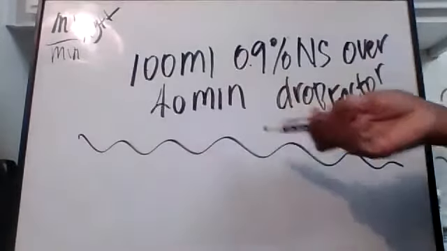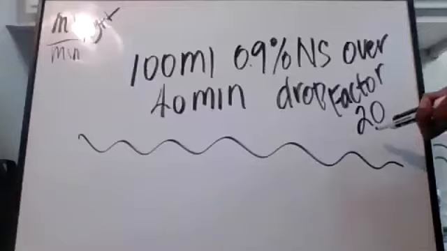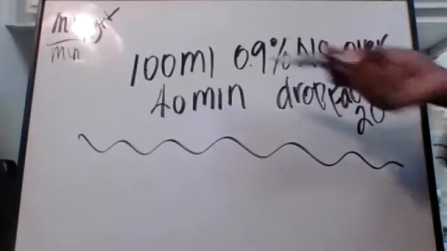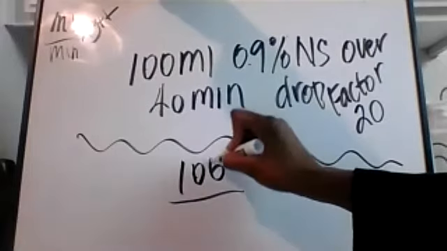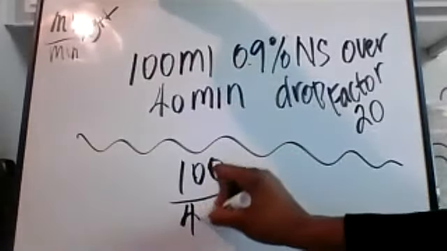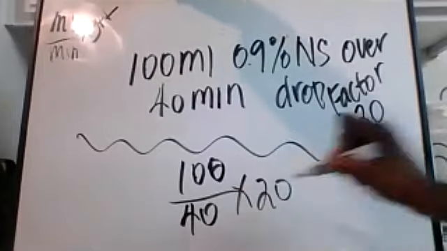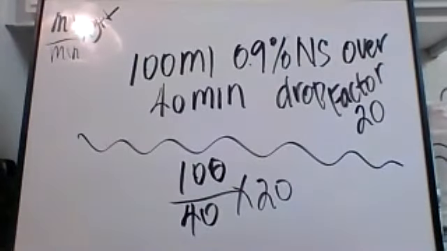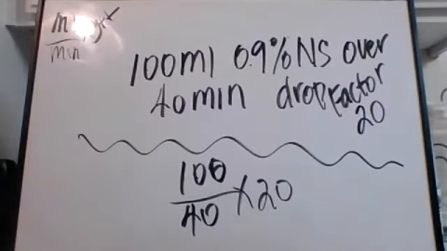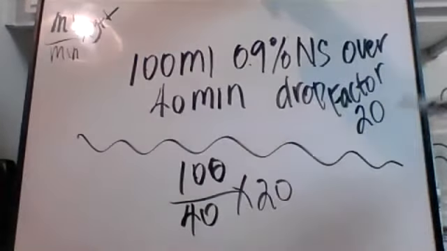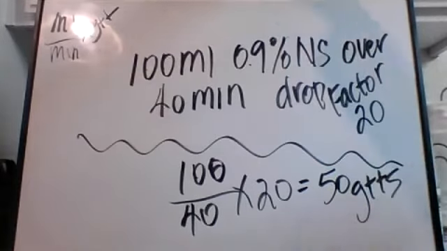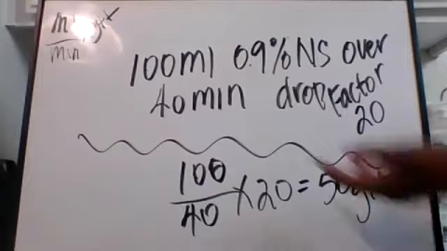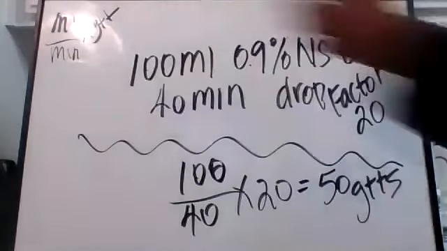The time is 40 minutes and the drop factor is 20. So you already know what you have to do. It would be 100 milliliters divided by 40 times 20. That's the setup for this one. We know that is 50 GTTs, okay? So you don't have to convert because it's already in minutes, per the formula.